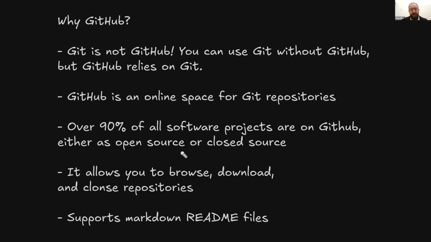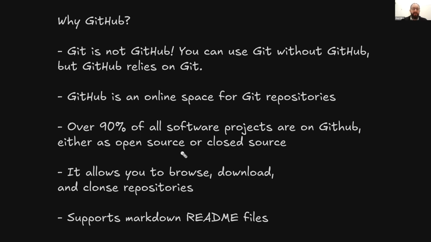90% of all software projects are actually on GitHub, and it's not only open source like we mentioned earlier, it's closed source as well. Git is a tool that all developers use these days.